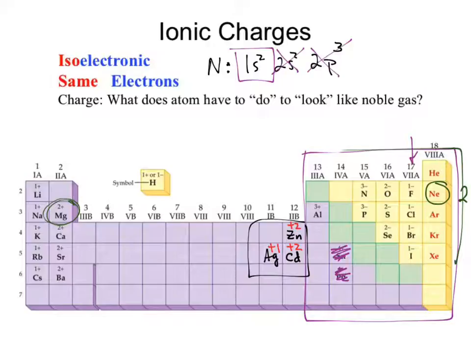What is the charge on most of our metals? Take a look at the metals. What's our charge? Positive. What's our charge on our nonmetals? Minus. What's happening with the metalloids? They are bridging the gap between metals and nonmetals, which means their properties overlap.